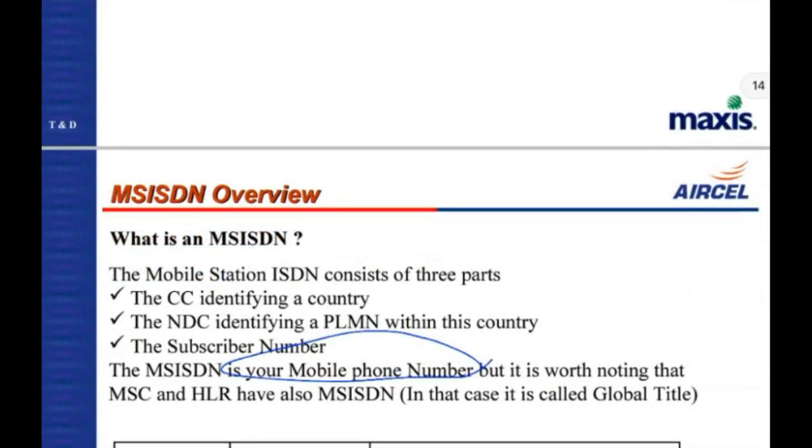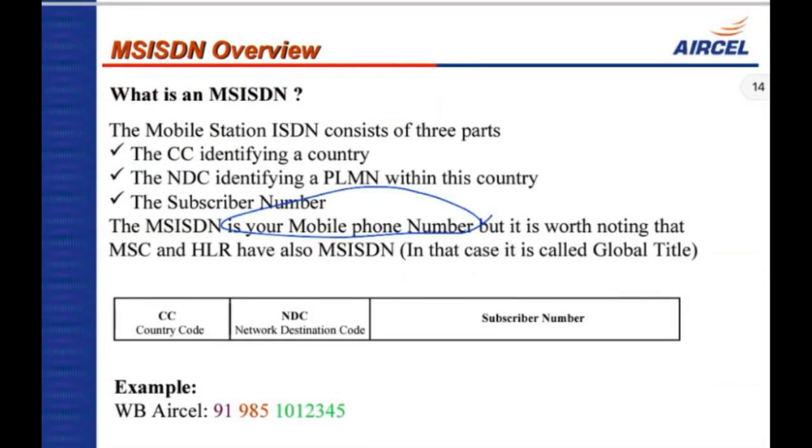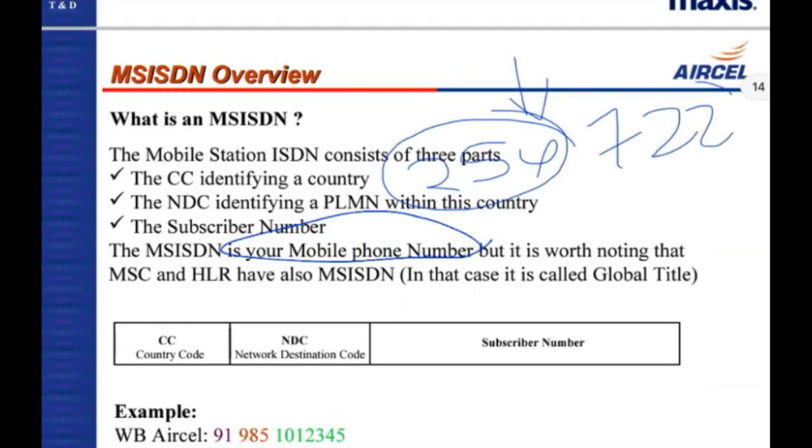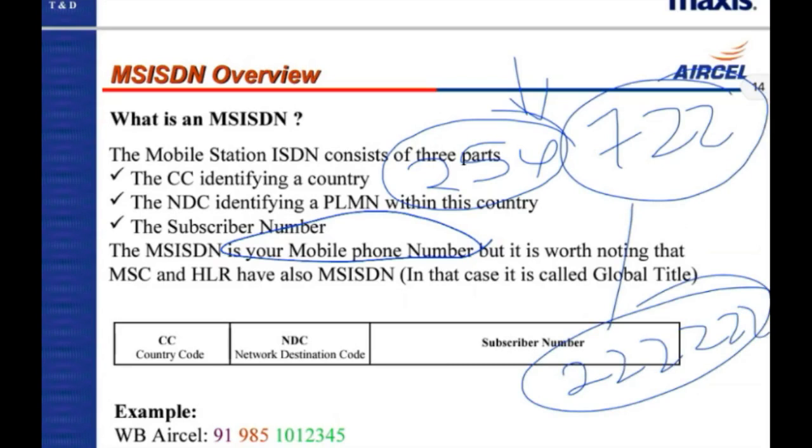Then the MSISDN is a number that identifies you or your phone or you as a person. So when you say Isaac has a phone number that says 254, this may be the country code. Then 722, this is the network, and then 222222 is Isaac, and then the story goes like that.